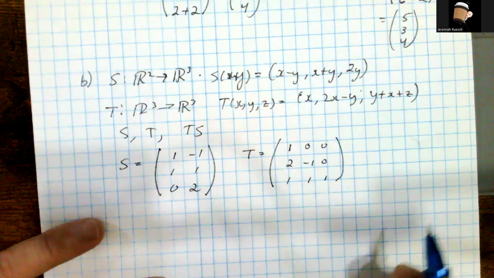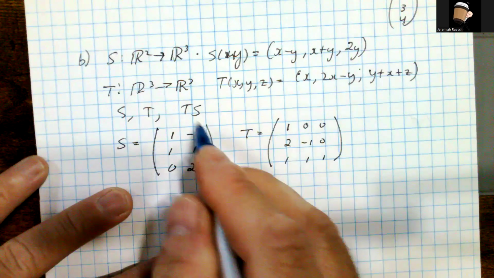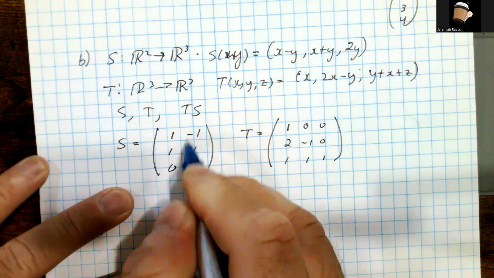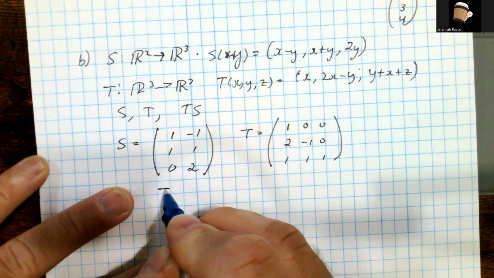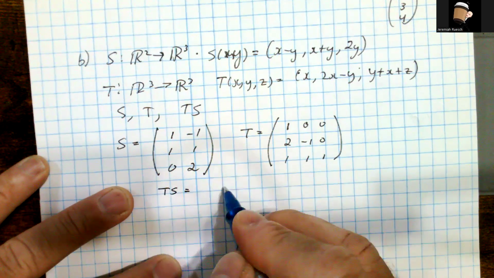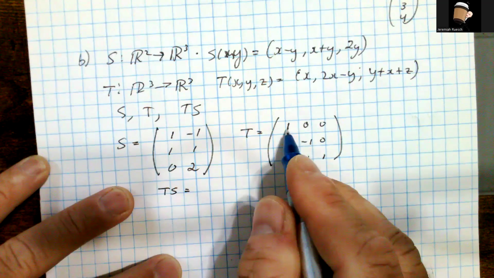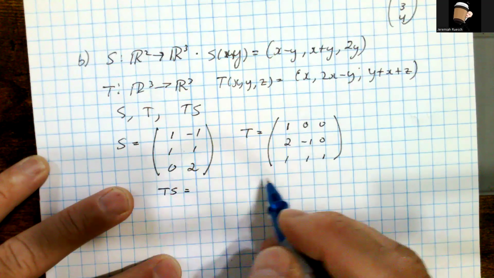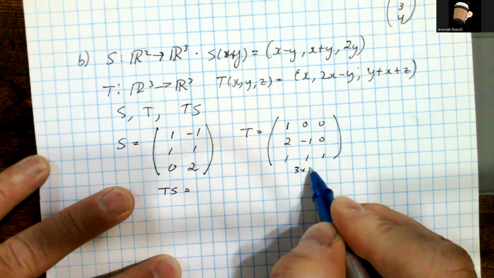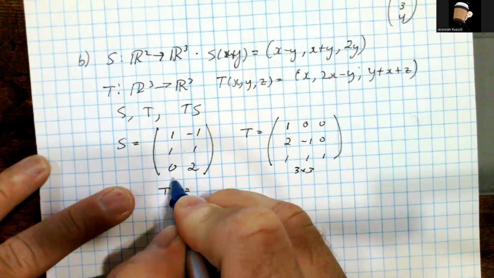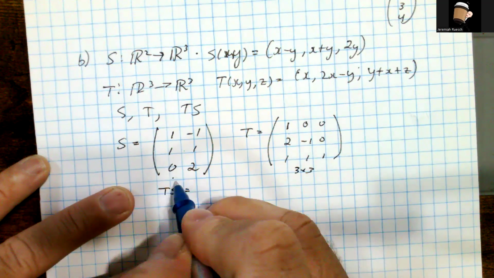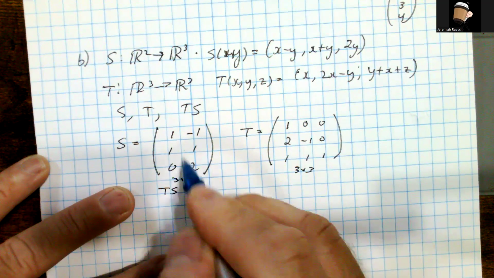Okay. All right. And so to compute the composite matrix of TS, we have the product of this matrix and this matrix. Well, this is a 3 by 3, and this is a 3 by 2.